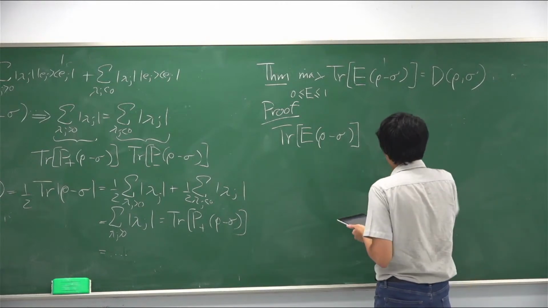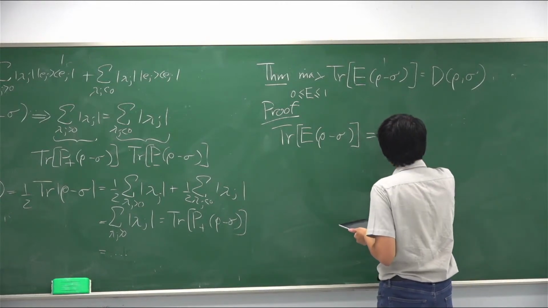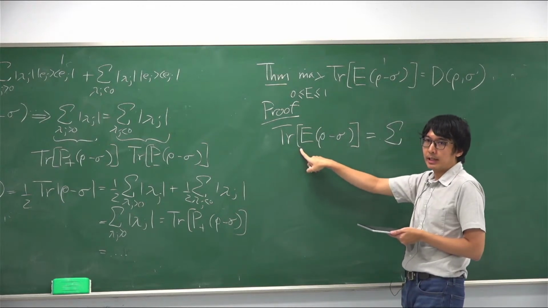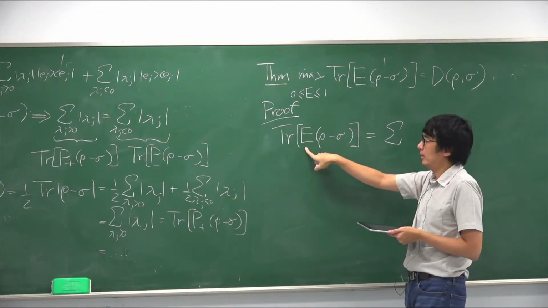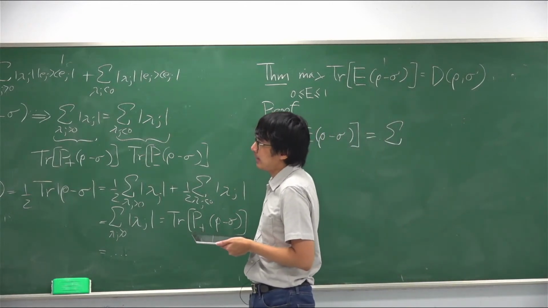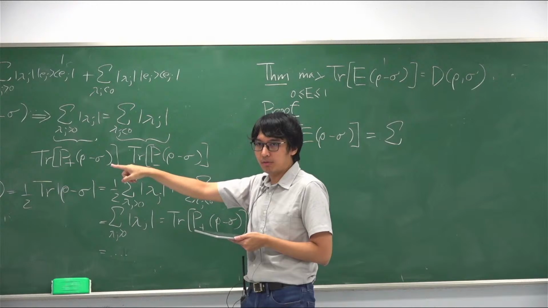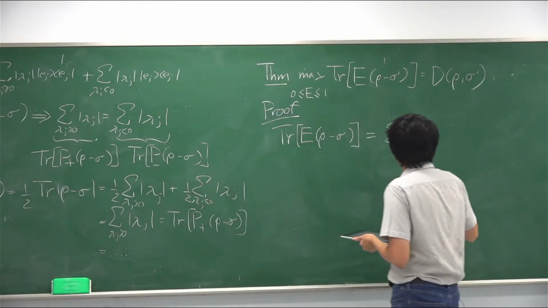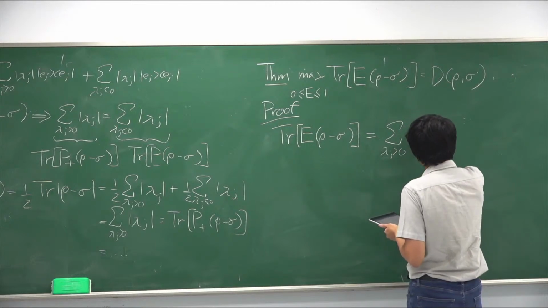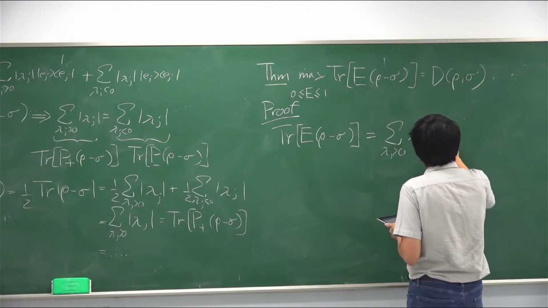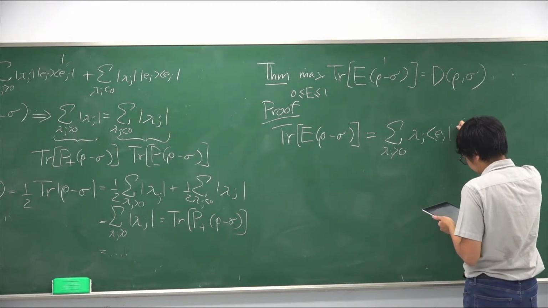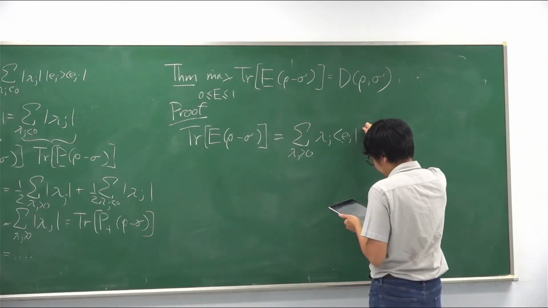And if I do that, the trace will just turn into a sandwich. I will just sandwich the E by the eigenvectors of rho minus sigma, right? So I have two sums again.